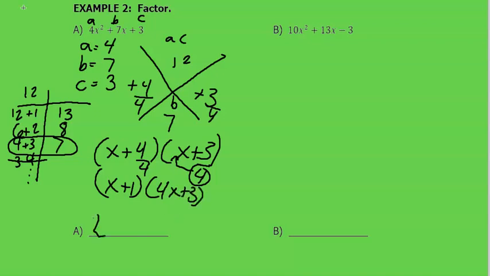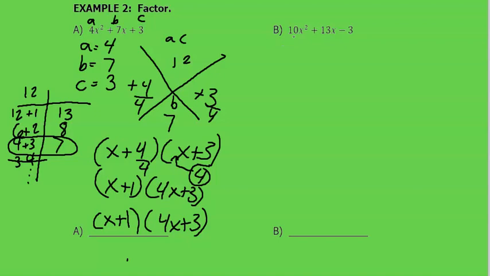And that's your factored form. So we'll write that on the blank: x plus 1 times 4x plus 3. And you can write those two factors in either order, since it's commutative.